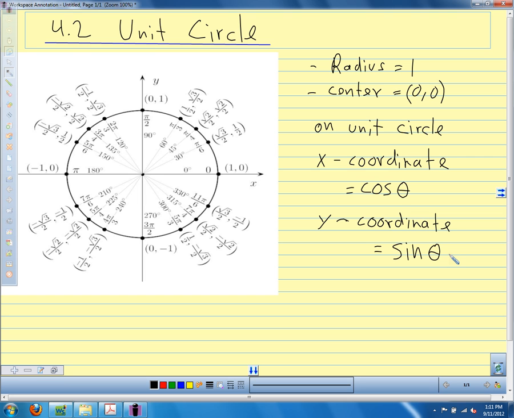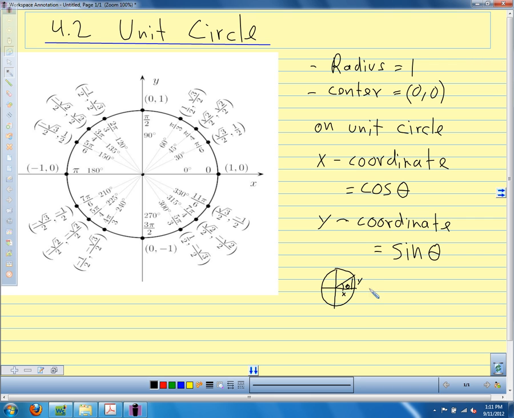So if we're talking about some angle, and if I draw just a quick sketch here, if this is my unit circle, and there's my angle, this side is y, and this side is x.